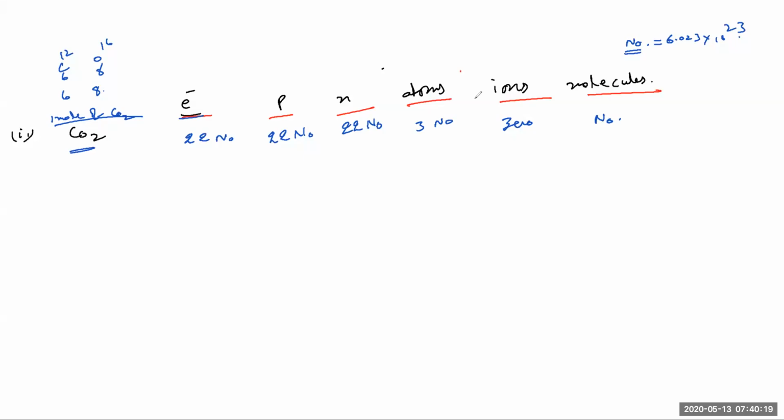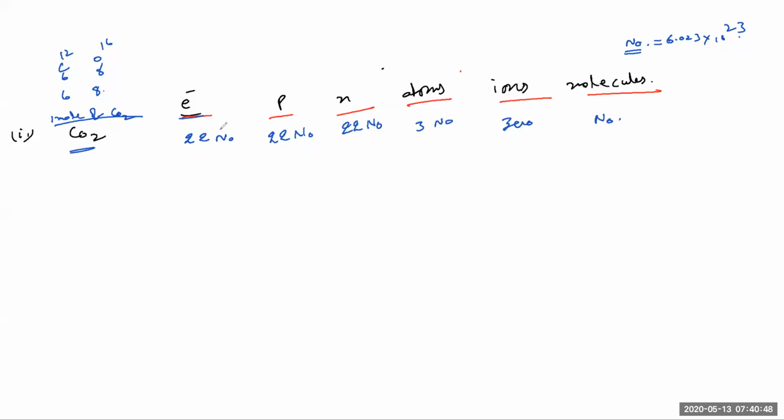How will 22 molecules come? Where are the 22 molecules? I didn't give 22 molecules. Molecules give only Avogadro number only, right? Where have I written molecules?